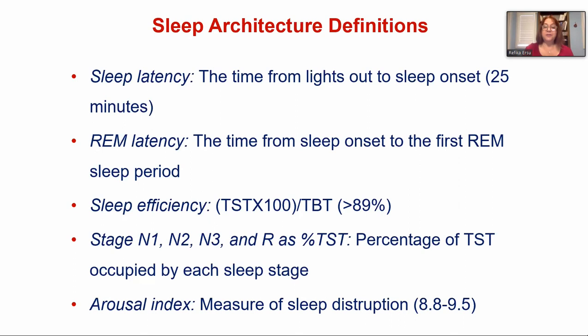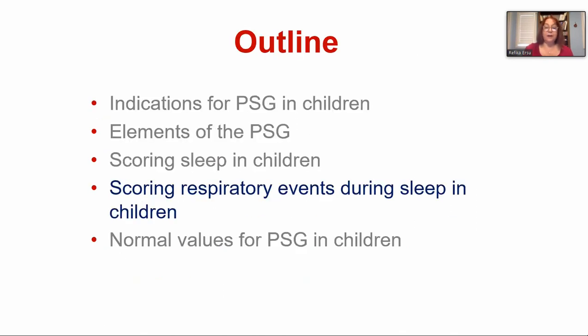In children, sleep is usually very efficient, greater than 89% of the bedtime. And then we look at the percentages of each sleep stage occupied during the total sleep time. And we also look at the arousal index, which is a measure of sleep disruption. And again, it's around 9 in healthy children.